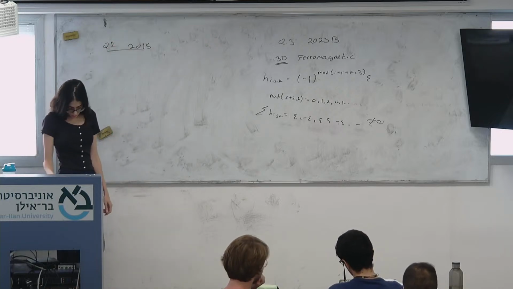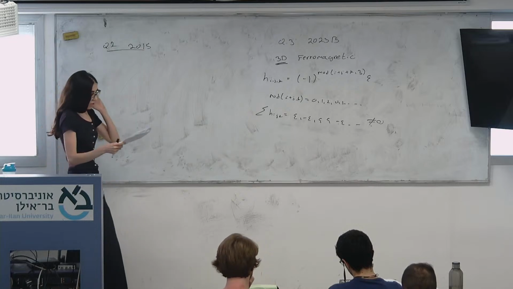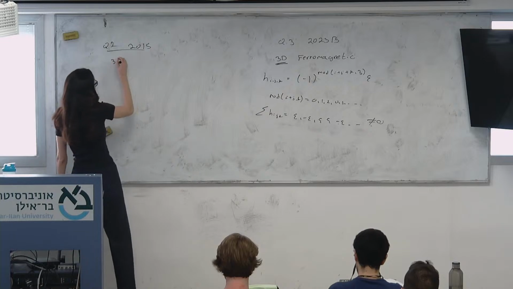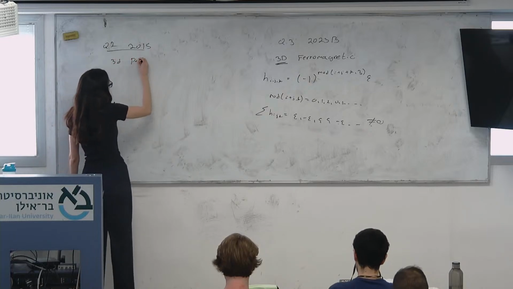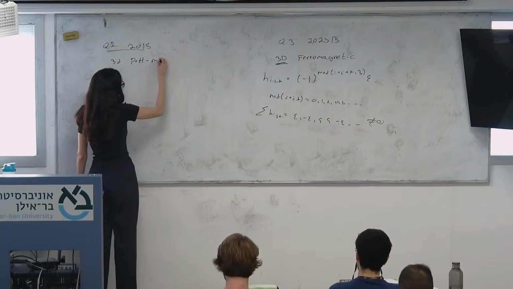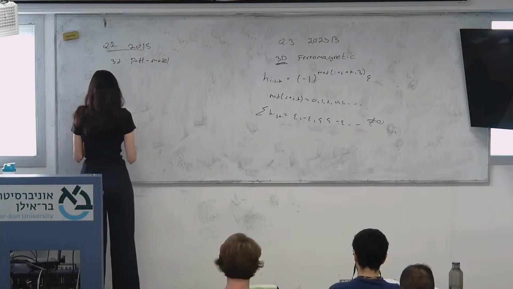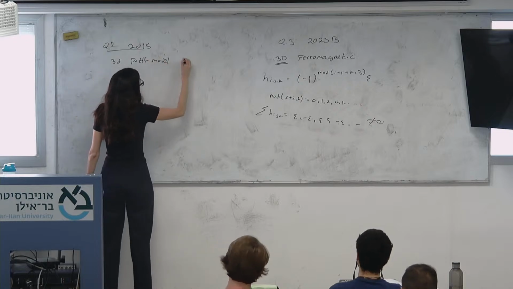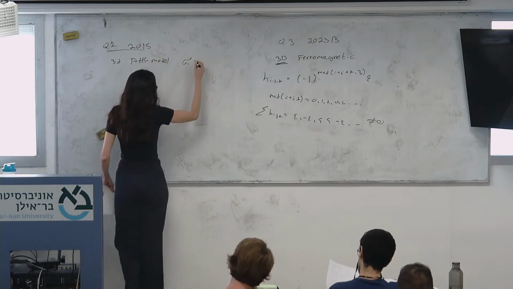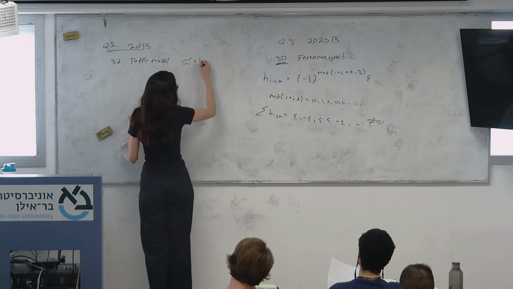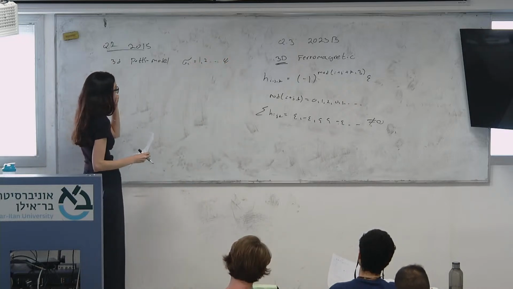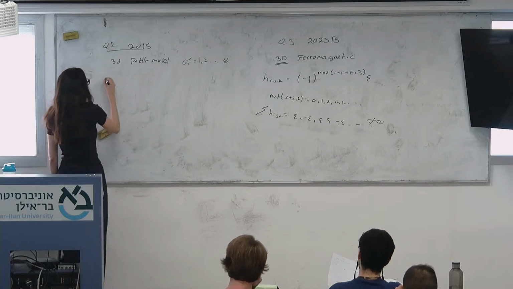So given a three-dimensional Potts model, where sigma_i equals 1, 2, until Q. So this is similar to something we saw before.